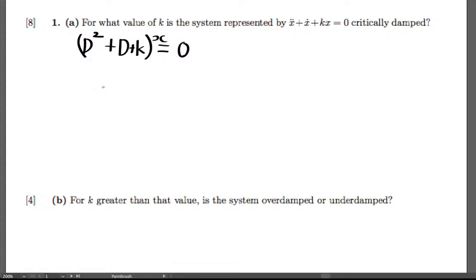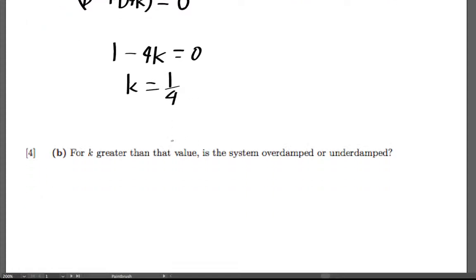In here b is 1, squared, subtract 4ac, that's 4 times 1 times k, that's 4k. We want this to equal 0 because this is critically damped. Therefore k is equal to a quarter, which is the one that we need to solve.